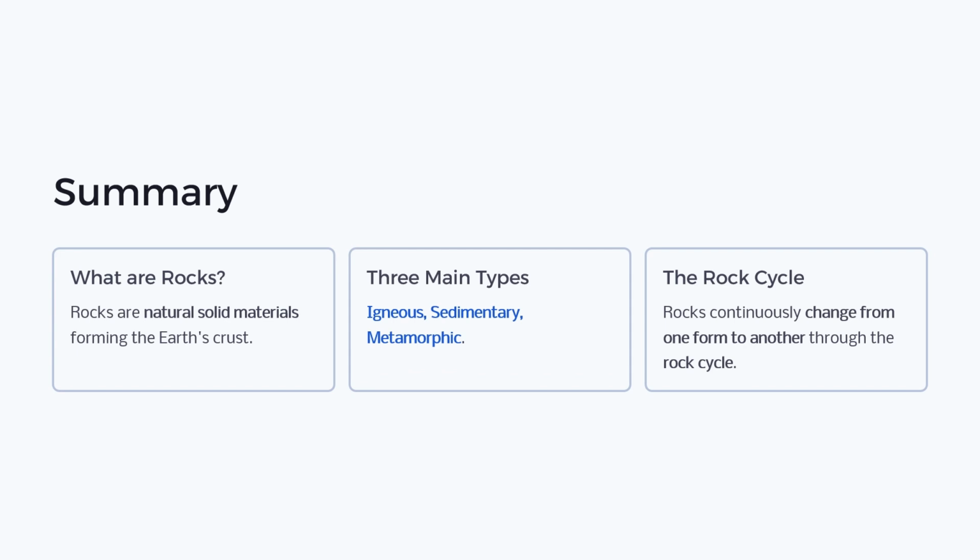Now remember, students, that igneous rocks are mostly fire rocks. Sedimentary rocks are known as layered rocks. And metamorphic rocks, easy to remember, are changed rocks, that change from one form to another.